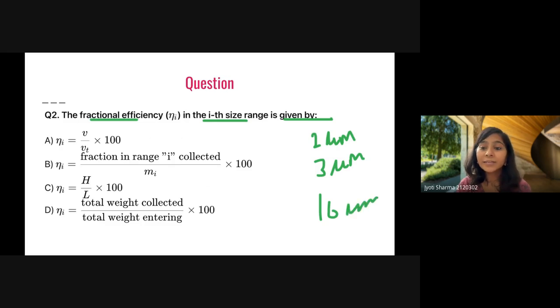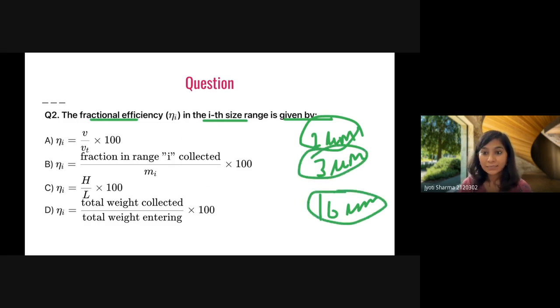So we have a variety of sizes of particulate matter. As I told you, the efficiency to remove the particulate matter depends on the size of the particulate matter. So for each particle size we may have a different efficiency, and this is known as the fractional efficiency of the ith size range. Then what will it be?